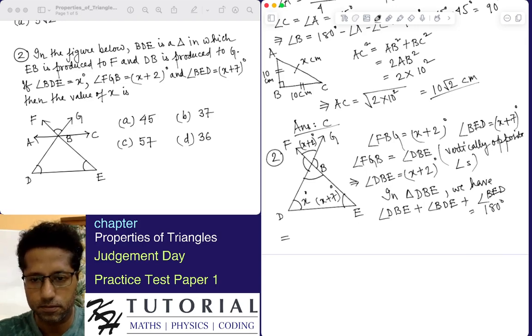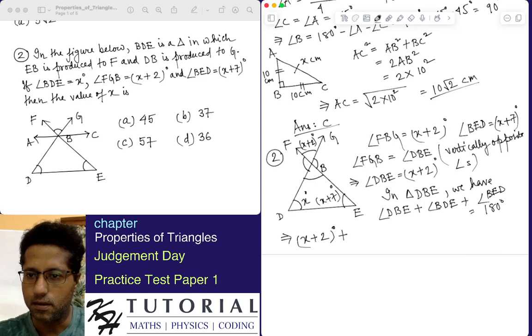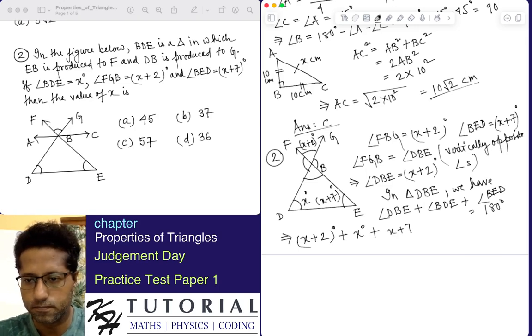Now this implies that angle DBE is x plus 2 degree, angle BDE is x degree, and angle BED is x plus 7 degree.